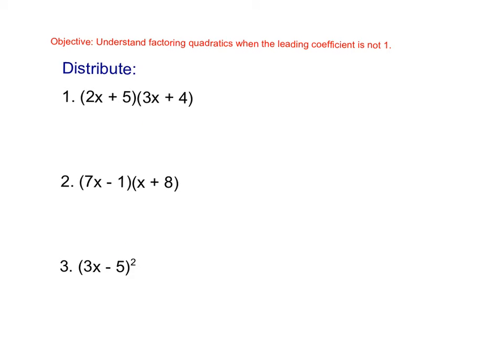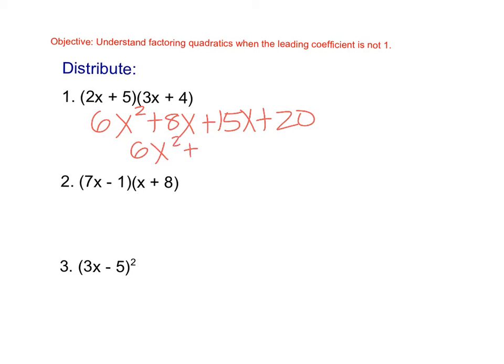All right, to prep this one, I want you to multiply these out so we can get used to what it looks like when there's a number in front of x squared. When I distribute, I get 6x squared plus 8x plus 15x plus 20. So if you notice, 6x squared plus 23x plus 20.